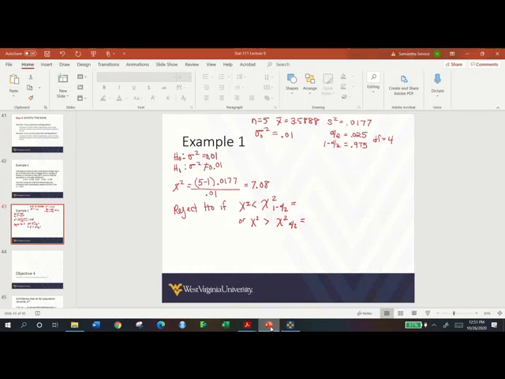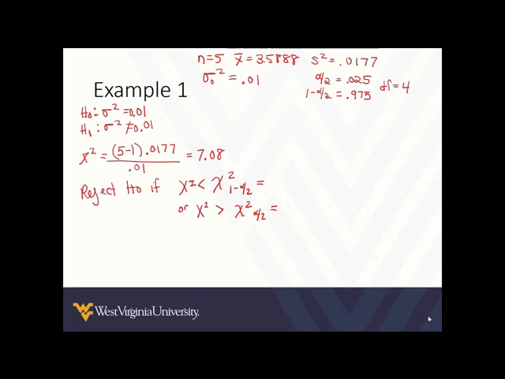And so if we go back, we said we will reject our null hypothesis if our test statistic was less than 0.484 or greater than 11.143. Neither of these is the case. 7.08 is in between these two values, so therefore we fail to reject our null hypothesis.